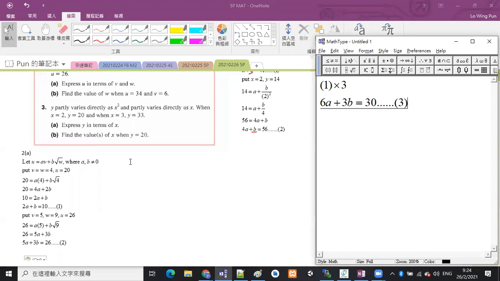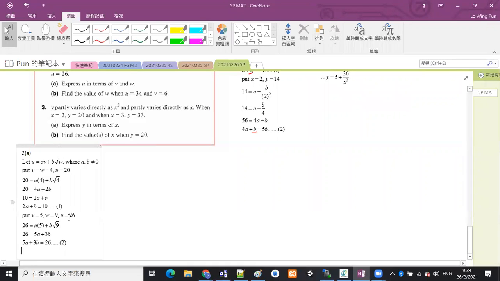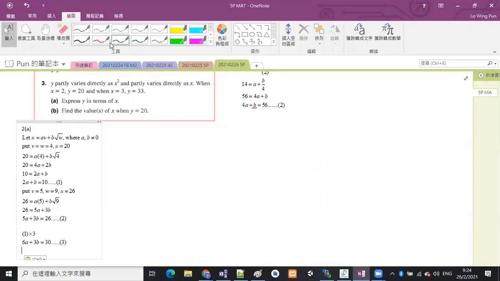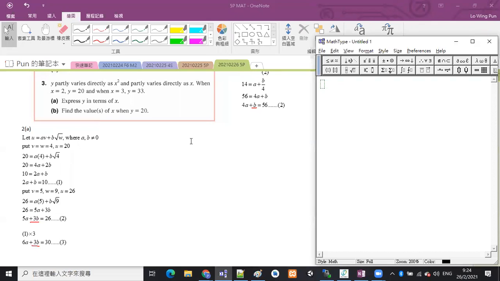Okay? So when I have equation 3 here, I compare with equation 2, and I found that both b terms are plus 3b. So we may use the subtraction of equation now. Equation 3 minus equation 2. For the a column, we have 6a minus 5a becomes 1a. b columns cancelled.